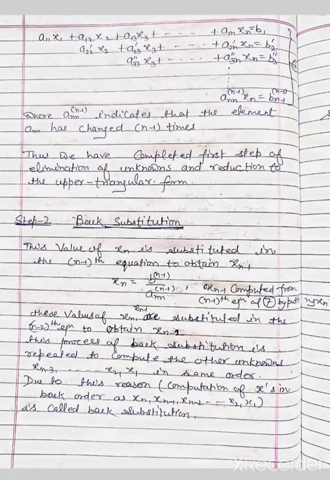Due to this reason, the computation of x in back order is called back substitution. So we get all x unknowns in the back order.